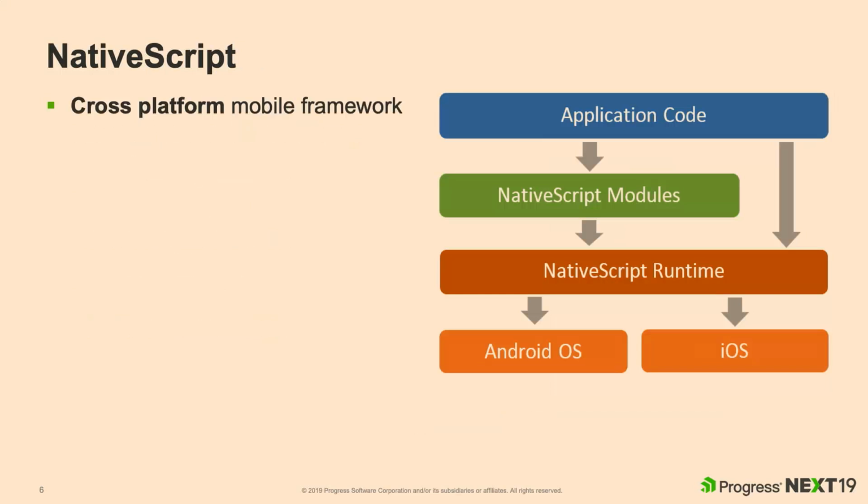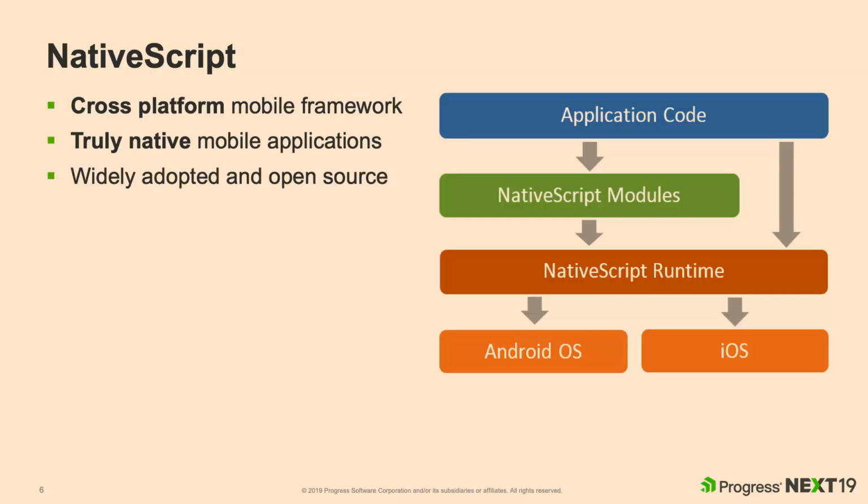So what's NativeScript? For the mobile part of the project, Kinvey Studio relies on NativeScript. NativeScript is a cross-platform mobile framework for creating truly native mobile applications running on iOS and Android.